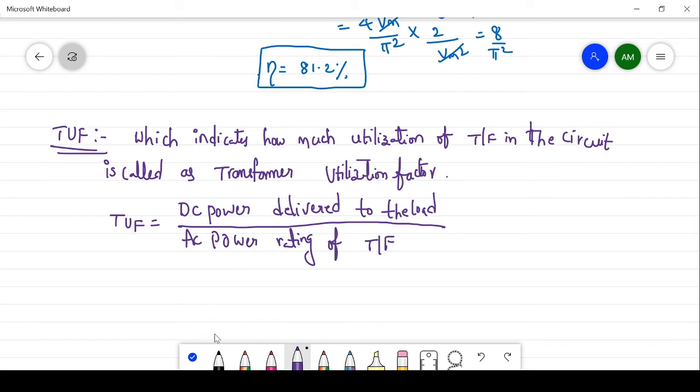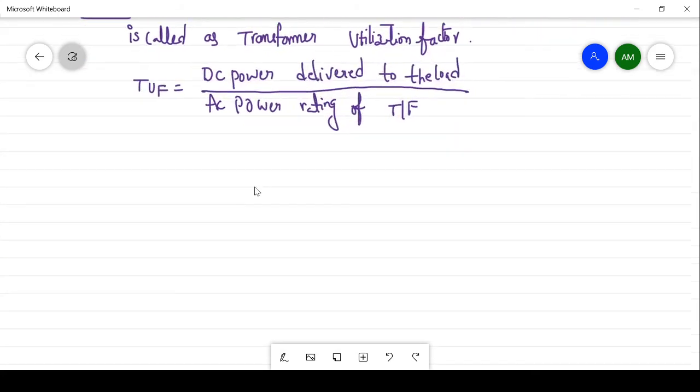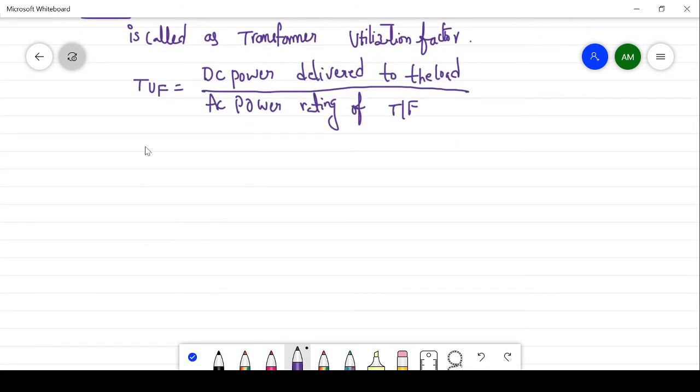So here TUF is equal to PDC, that is the DC power delivered to the load, by the AC rating of the secondary winding.